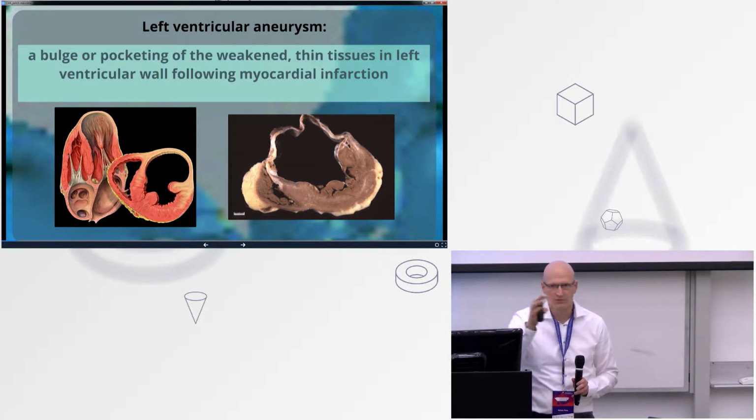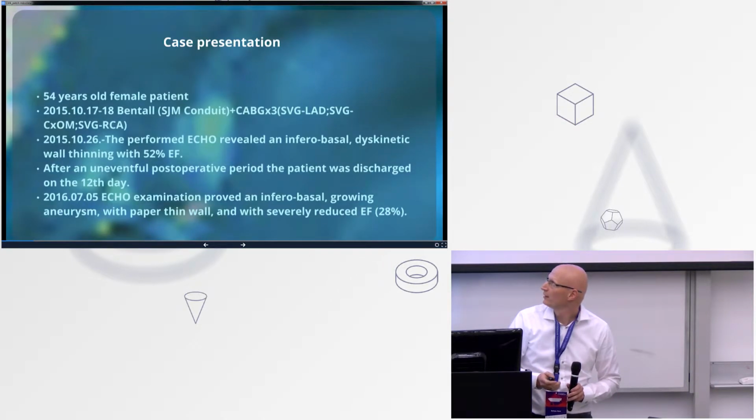We have read some studies: we have to reduce the volume by at least 30% of the beginning volume, and the end-systolic volume should be less than 70 milliliters per square meter of body surface area.